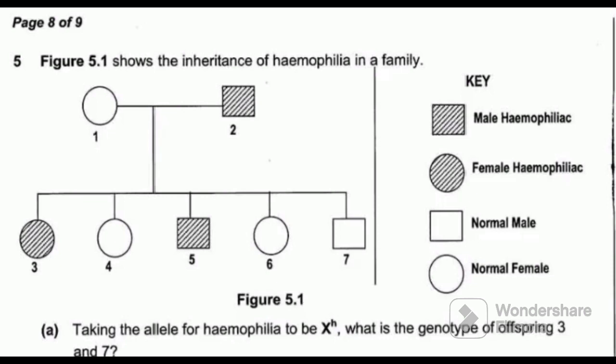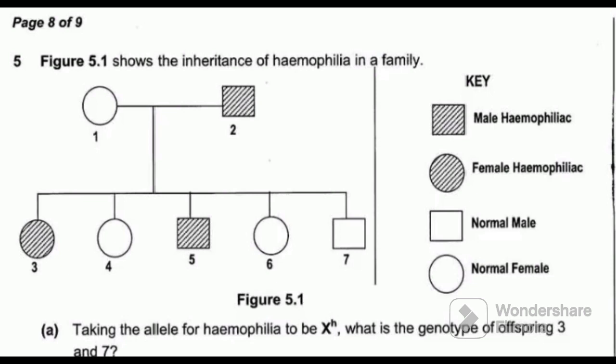Okay, so let us first of all determine the genotype we are going to use to cross this diagram. The first question is saying, draw a genetic diagram to show the genotypes and the phenotypes of the offspring. So let us first determine the genotypes we are going to use to make a correct crossing.